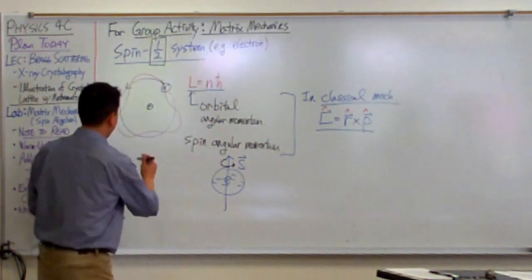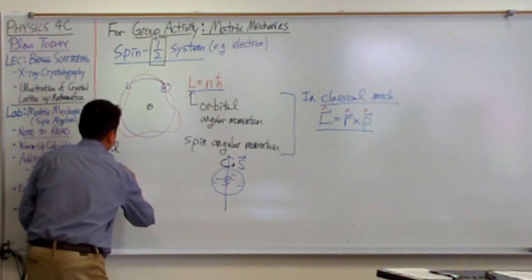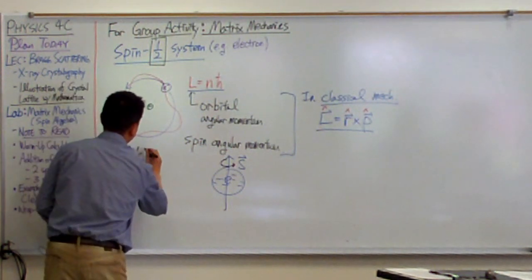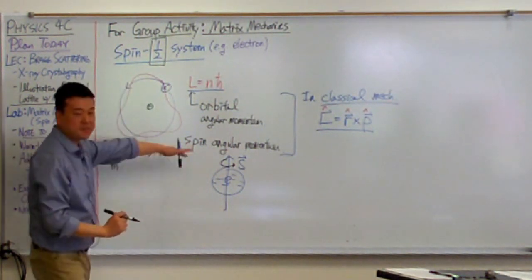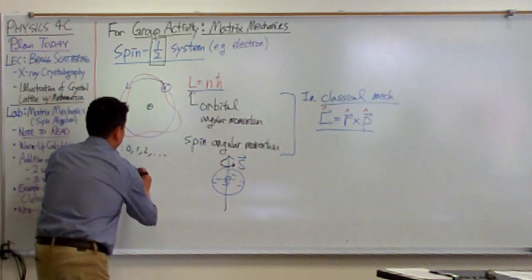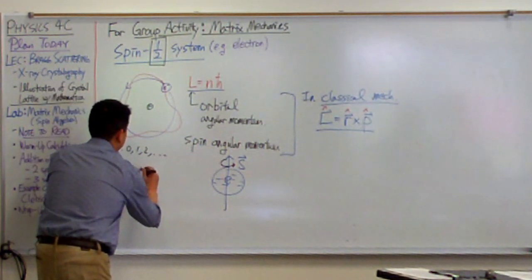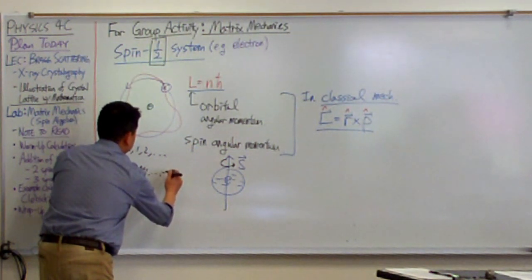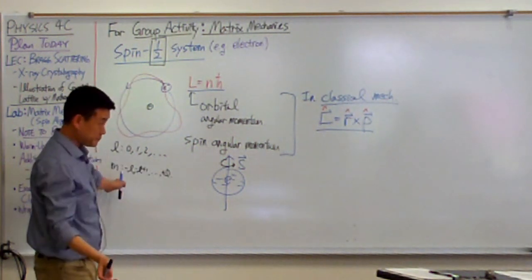Looking at the orbital angular momentum quantum number and the magnetic quantum number, the orbital angular momentum quantum number went 0, 1, 2, and so on, with a maximum of n minus 1. And the magnetic quantum number went from minus L, minus L plus 1, and so on, all the way to plus L, right?